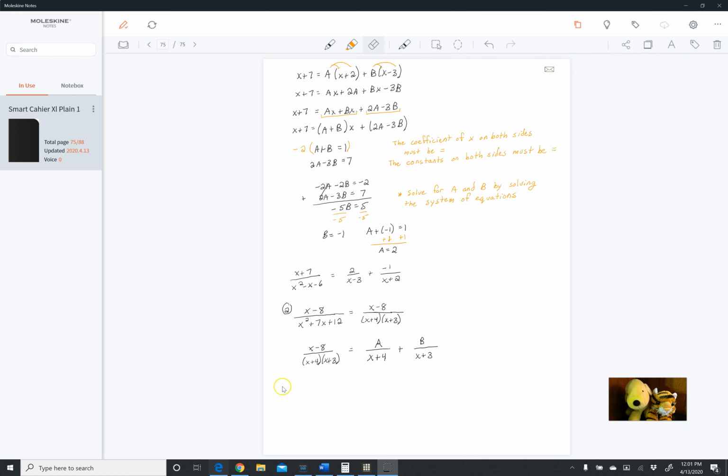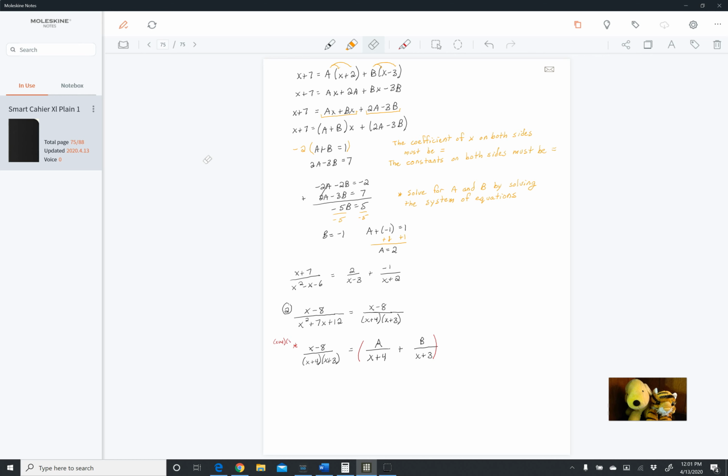Okay, so remember that our next step is to multiply both sides by the denominator on the right. So this is going to get multiplied by x plus 4, x plus 3.